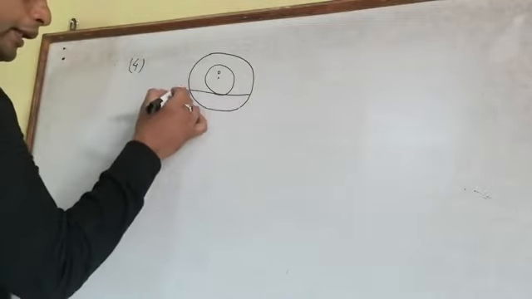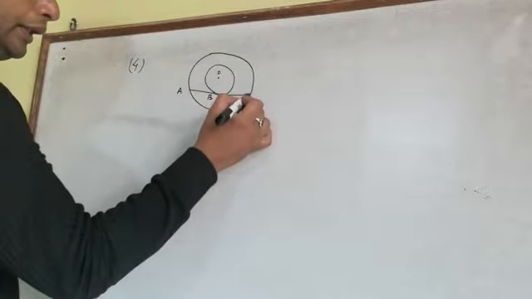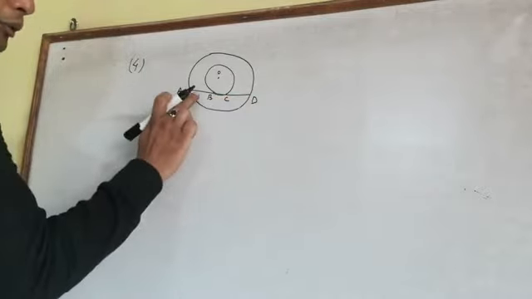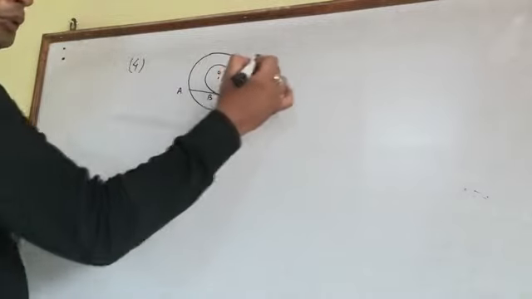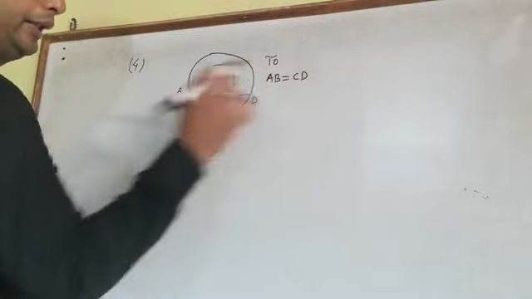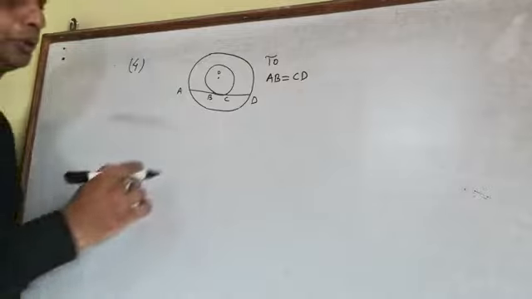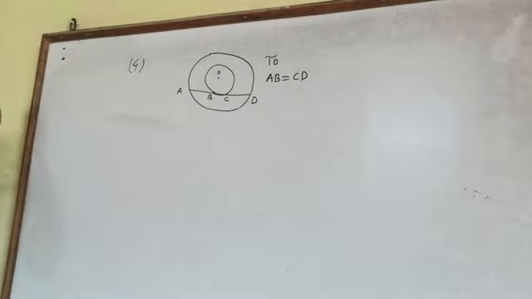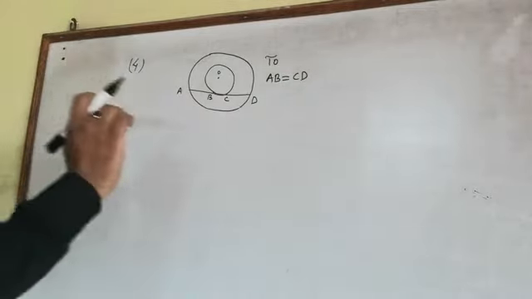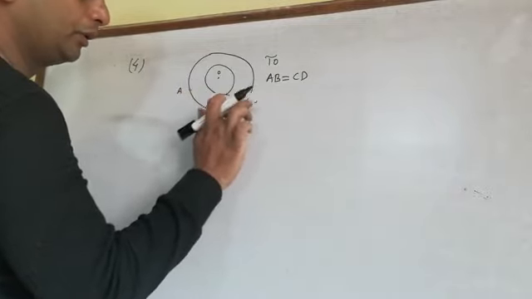Here this is the point A, this point is B, this point is C, and this point is D. We have to prove AB is equal to CD. One minute, let me correct this figure.